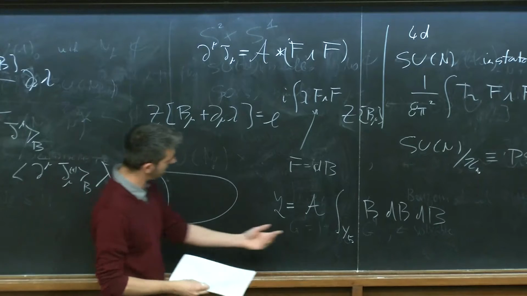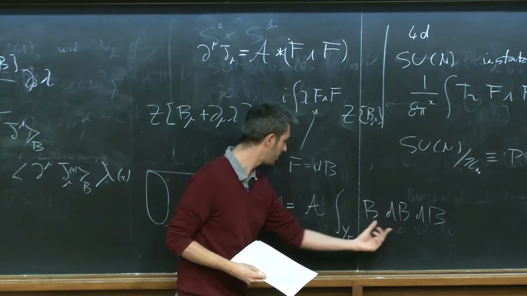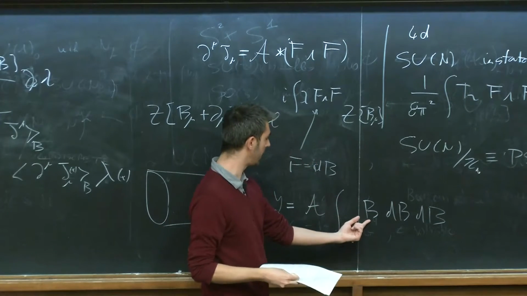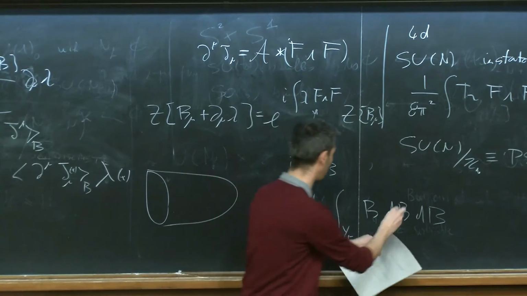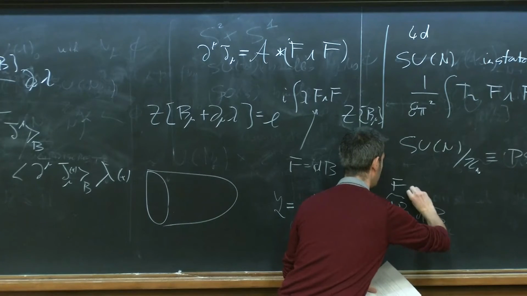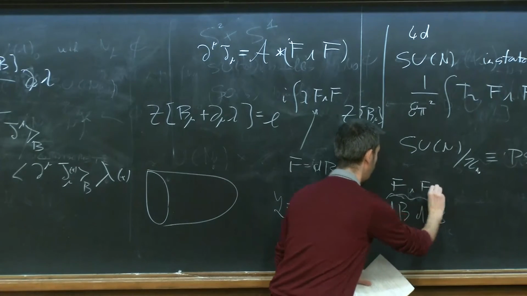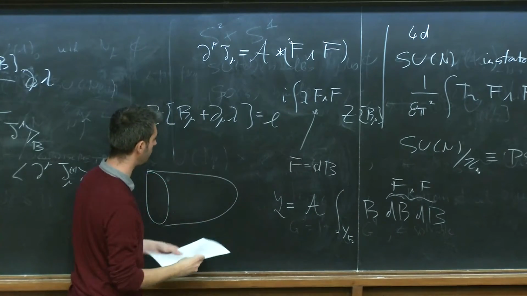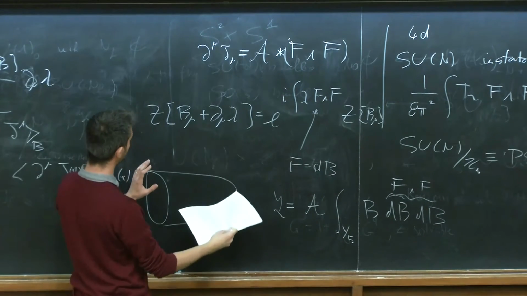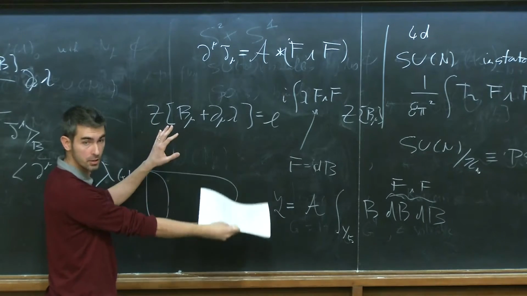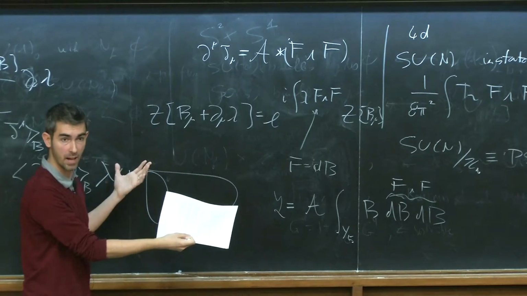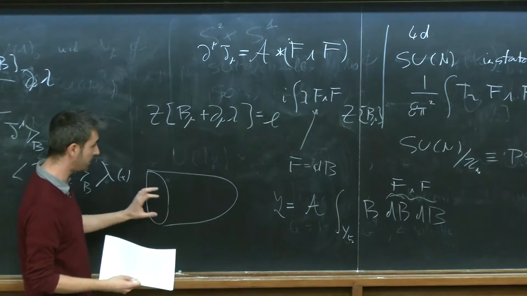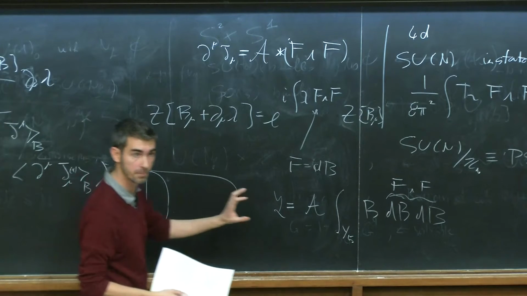Okay, because if you do the gauge transformation of the Chern-Simons term, now the manifold has a boundary, and so you immediately see these two are gauge invariant, but here you pick up a lambda F wedge F. So we pick up a lambda, which is precisely what we have here. And so the combined system, whose partition function is the product of the two partition functions, is invariant. Okay, and so the partition function of the combined system is in fact a well-defined function of the bundle. Okay?